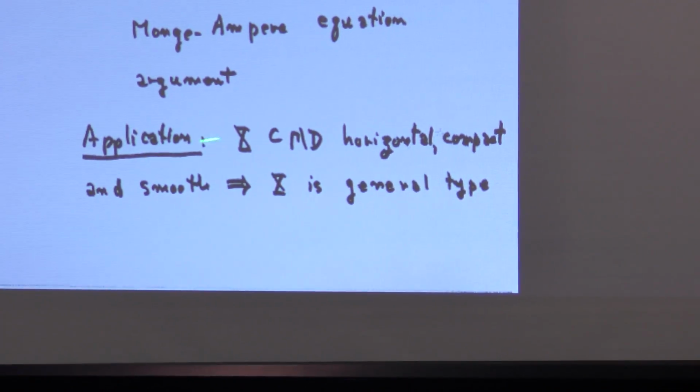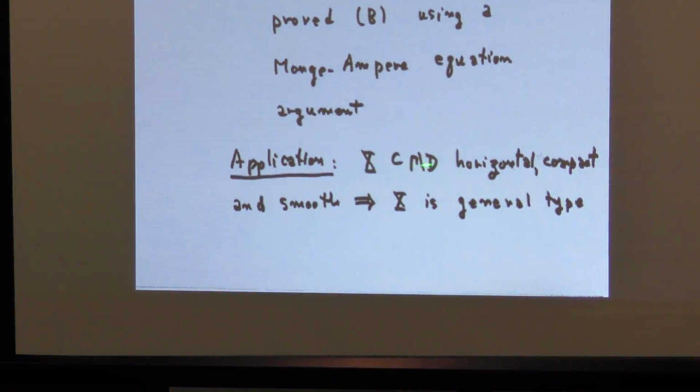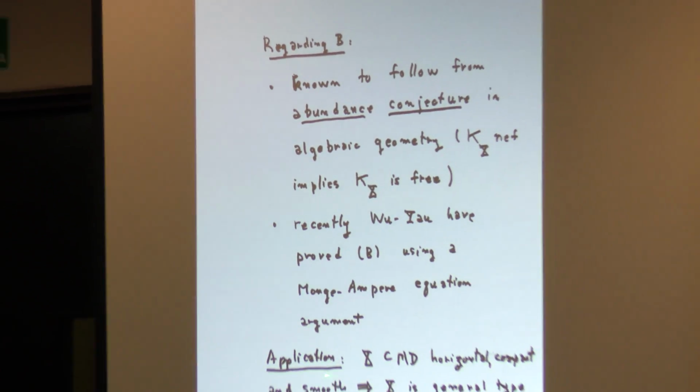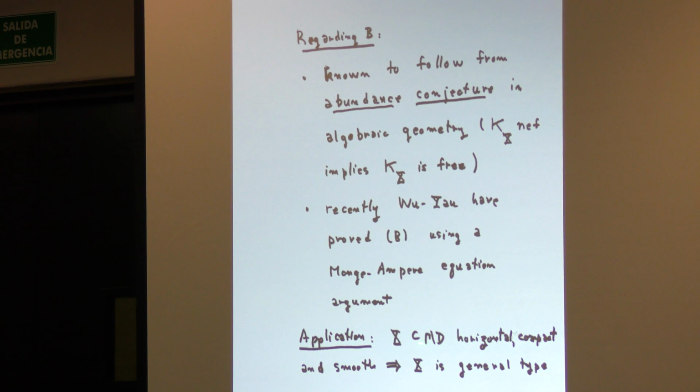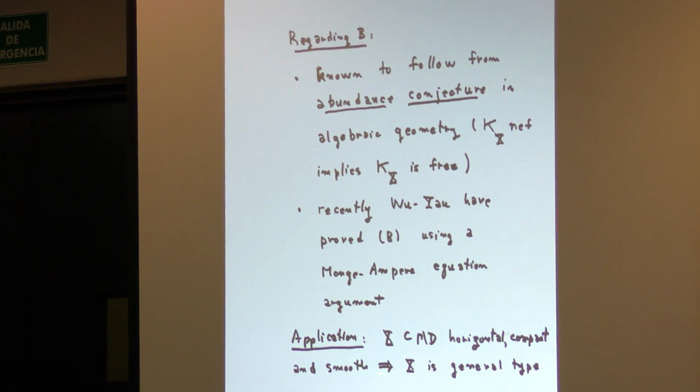It's not an algebro-geometric proof. It has an application to moduli and Hodge theory. If you take any subvariety of one of these period domains quotient by an arithmetic group, which is horizontal, I'll explain what that is in a minute, then this subvariety is of general type, if it's smooth.